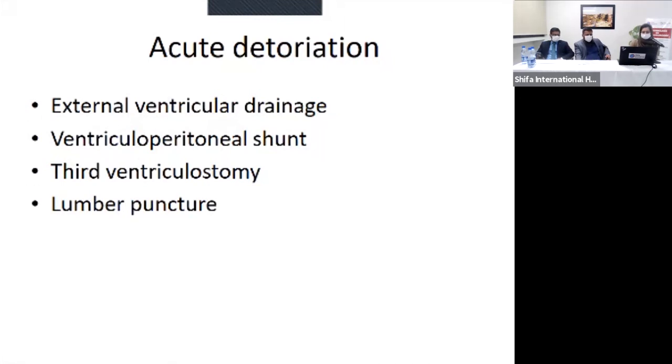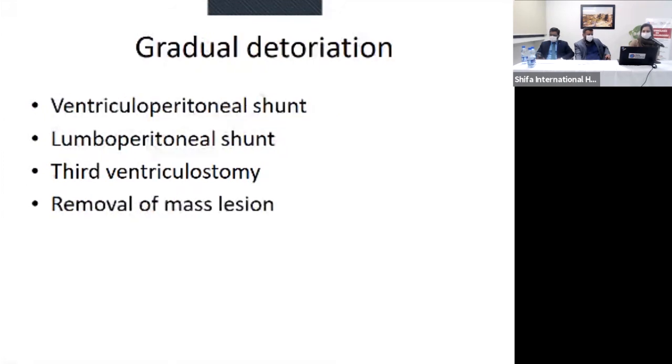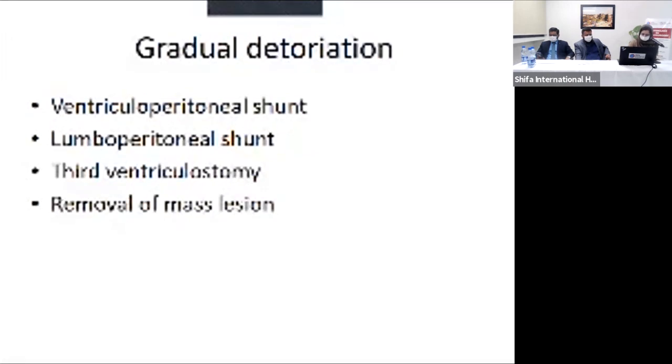For chronic hydrocephalus, the options for treatment include a ventriculoperitoneal or a lumboperitoneal shunt, a third ventriculostomy, and treatment of the cause of hydrocephalus, that is removal of the tumor or any other mass lesion.